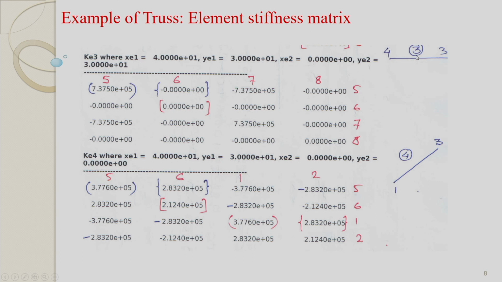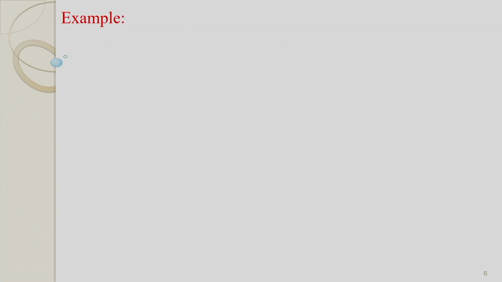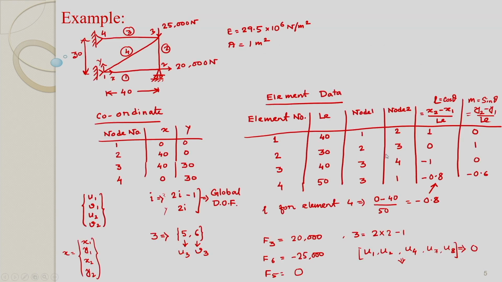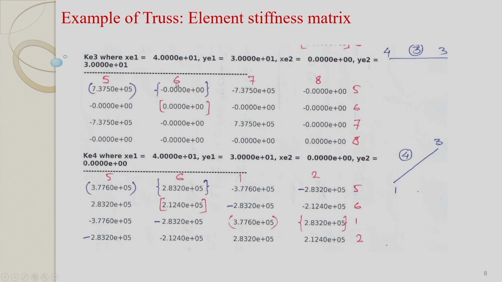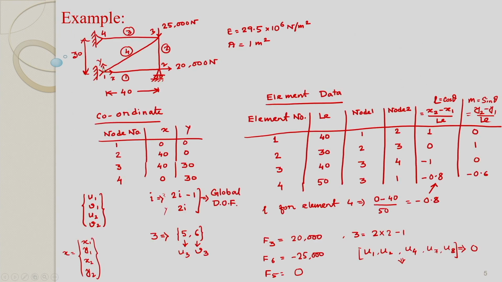For element 3, we have taken first node as node 3, second node as node 4. So, 5 6 7 8. For element 4, that is this inclined element, we have taken first node as node 3, second node as node 1.